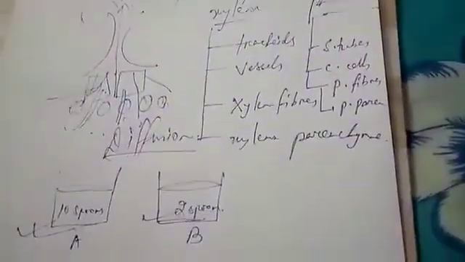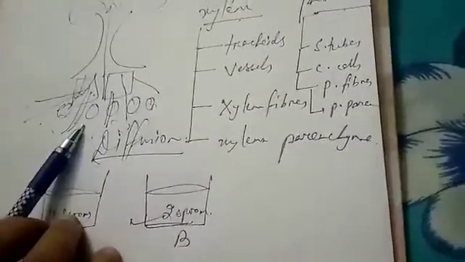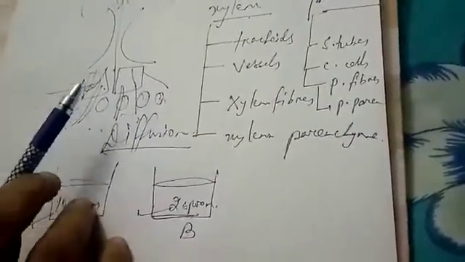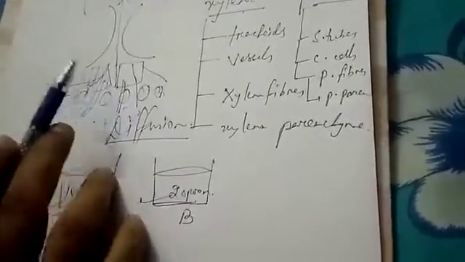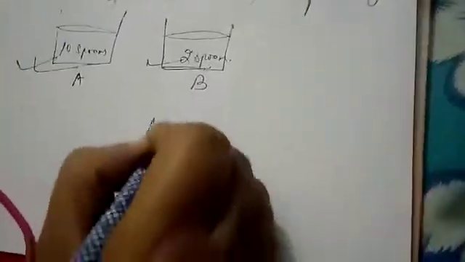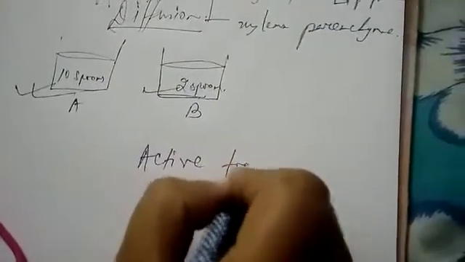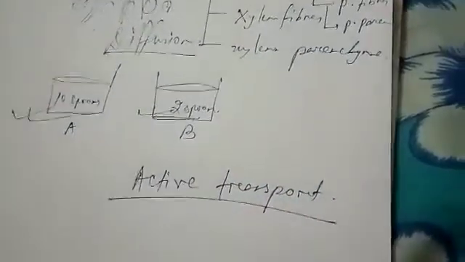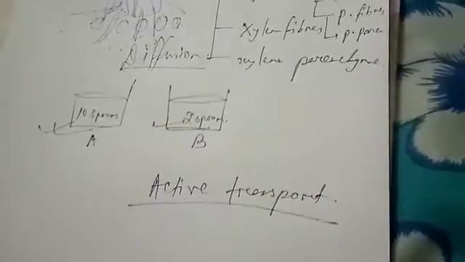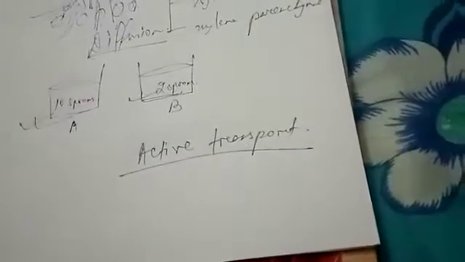But there is one more method, that is active transport. What happens in this? In this case, the amount of minerals may be less in the soil. Still they will enter inside. That is called active transport. Now a question may arise in your mind. How is it possible that when there is less nutrient, still it is entering? Yes, you are right.